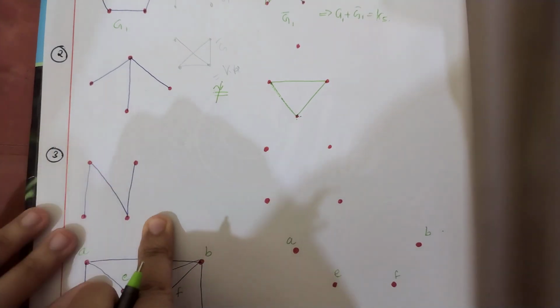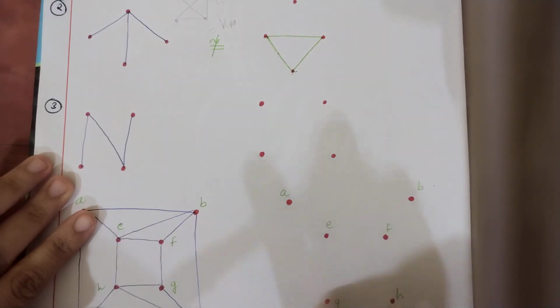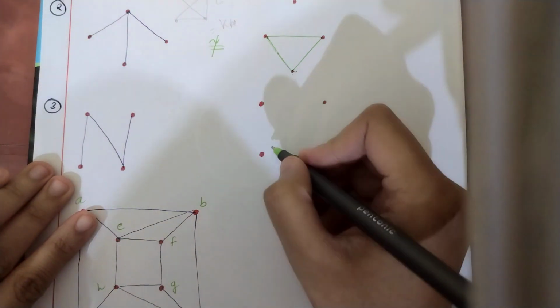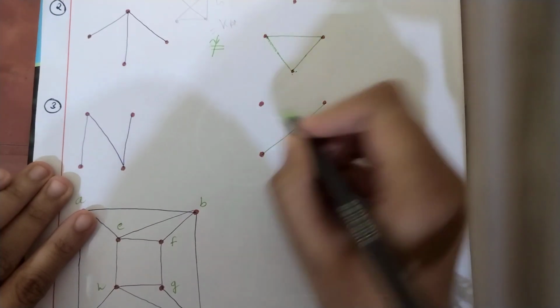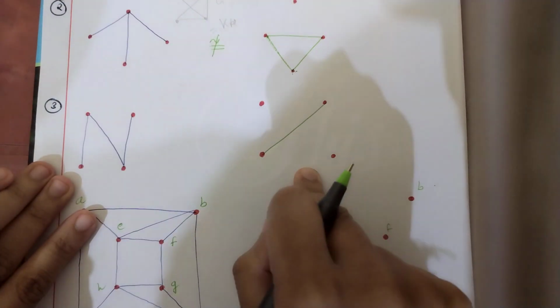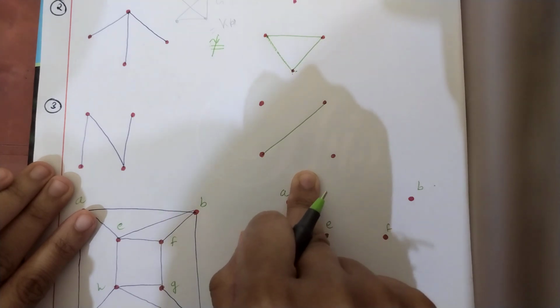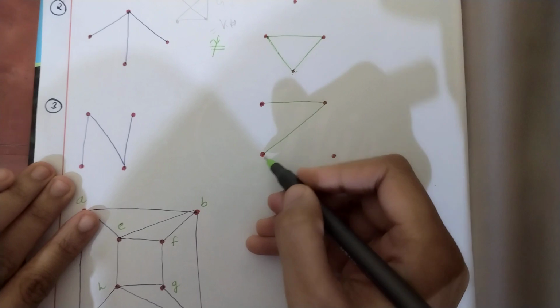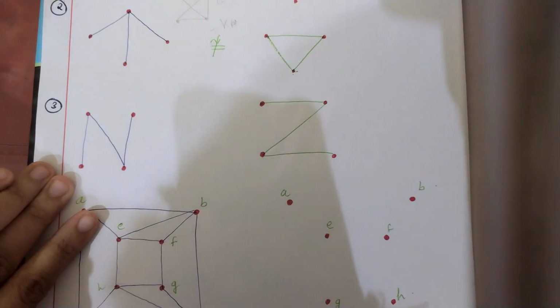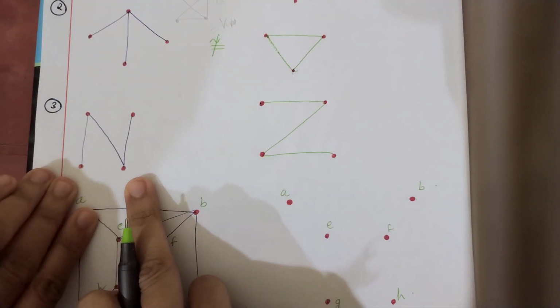Now the next question. First thing, I'm going to draw the complement. Since G plus G bar, G complement, must give me the whole complete graph, so this is incomplete. Now you see, is it isomorphic?